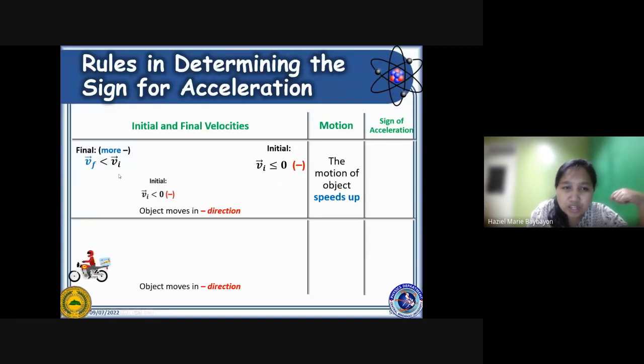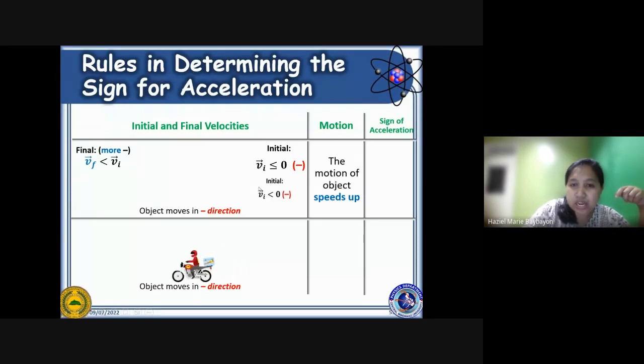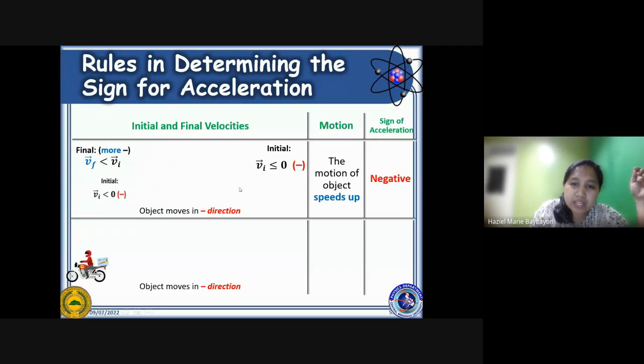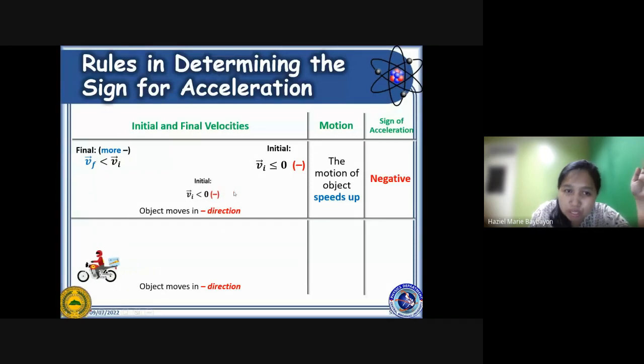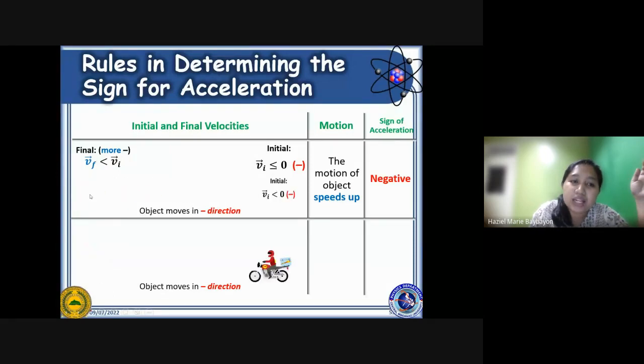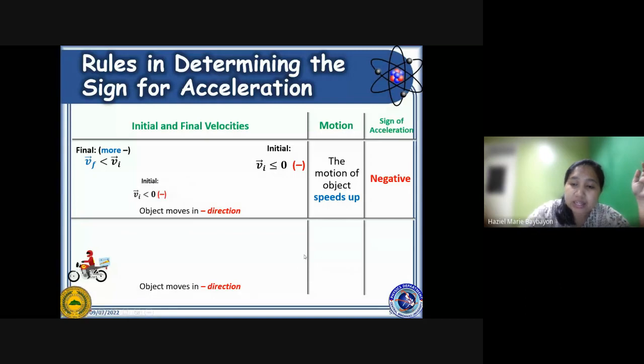So, if an object is slowing down to the left or downwards, then the sign of acceleration is negative. Okay? So again, balik ko ha. If the motion is speeding up to the left or downwards, the sign of acceleration is negative. But if it is slowing down to the left or downwards, then ang iyang acceleration is positive.